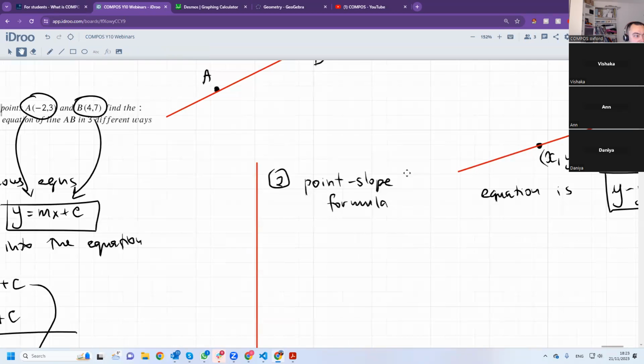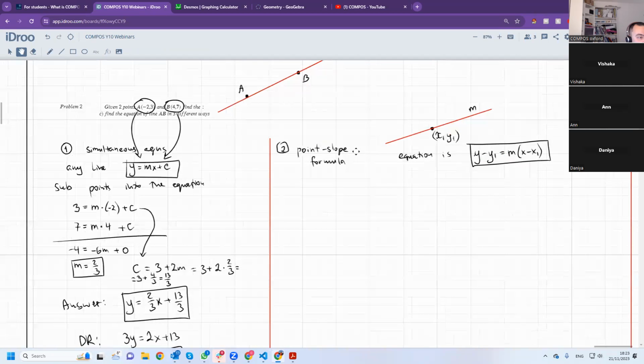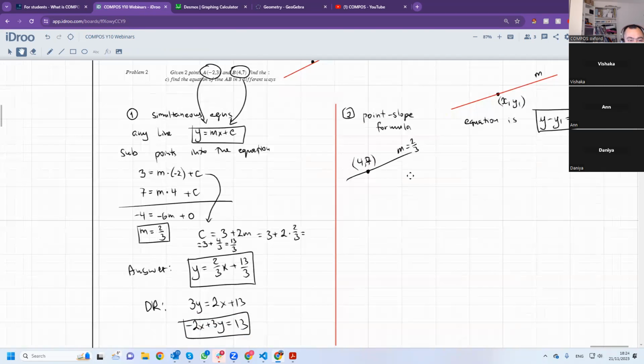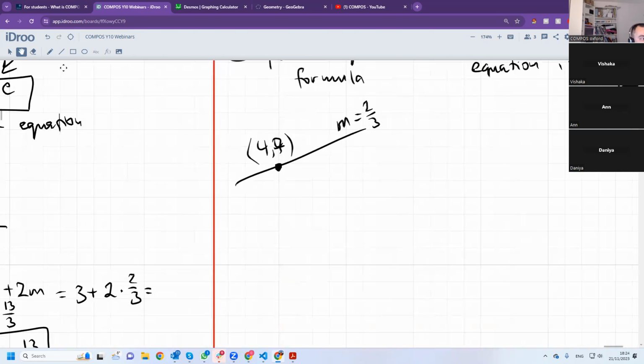Okay, so we know a single point. A single point is 4, 7. You choose any line through 4, 7, and you know that the gradient is 2/3. We've already established that. So we use the formula: y minus y1, which is 7, is equal to the gradient, 2/3, multiplied by x minus 4.